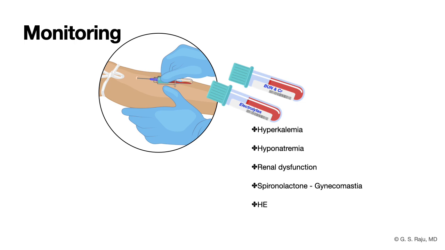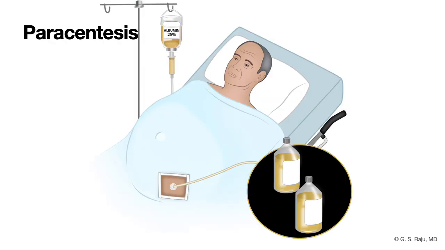It can harm them by pushing them into renal dysfunction and hepatorenal syndrome. So, when you're getting into that, you may want to change course and consider paracentesis or large volume paracentesis. And we'll talk about it in the next video.